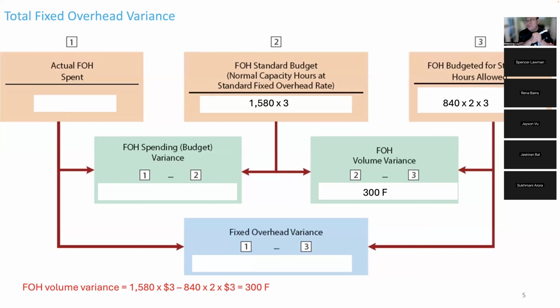I have the same fixed cost, but my capacity increased in that month. That's good news for me, so it's favorable. Does that make sense? Manjot, does that make sense? Okay, awesome. Thank you, Manjot.